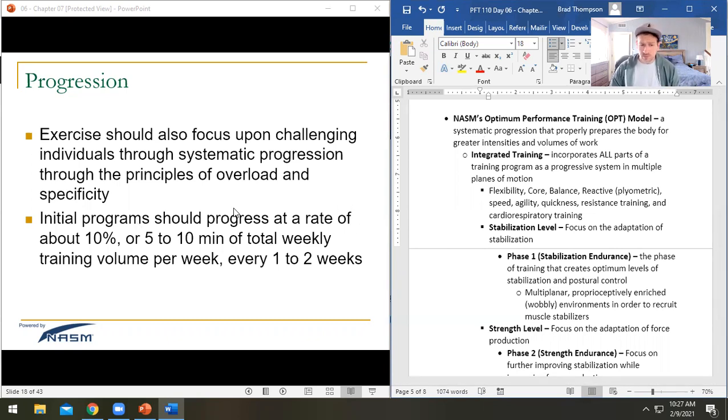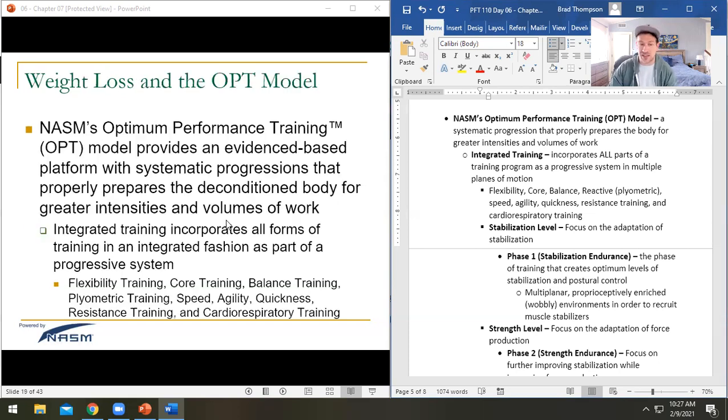Initial programs, in the beginning, progress at a rate of about 5 to 10% of training volume per week. A lot of times with brand new clients, you'll want to start with some pretty gentle cardio and then progress that by maybe 10%. If they're doing 15 minutes of work, maybe take it up to 16 minutes and then 18 minutes until eventually they're doing 30 straight consistent minutes of cardiovascular exercise.